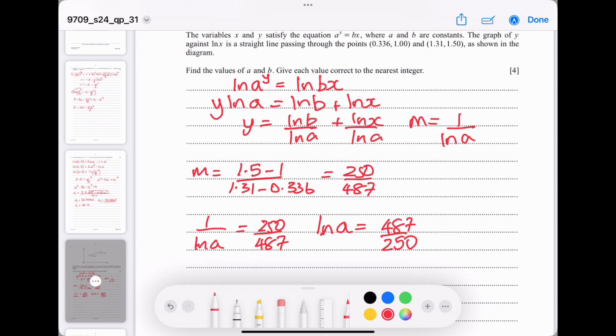That means that a is equal to e to the power of that. So the value of a is 7.0146. So in this case, to the nearest integer would be 7.